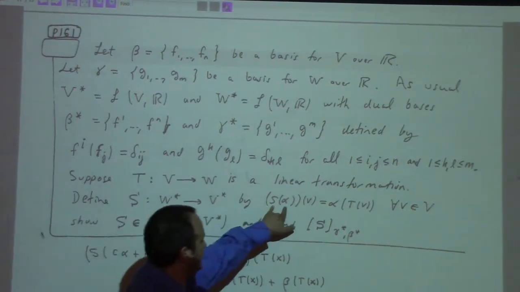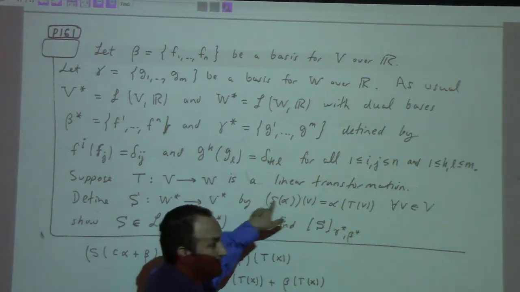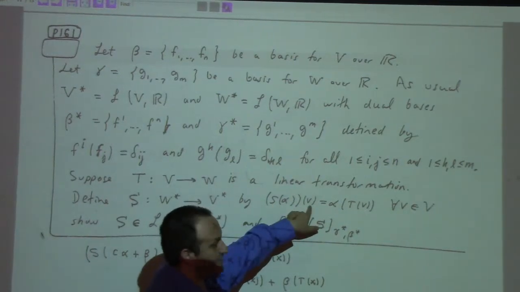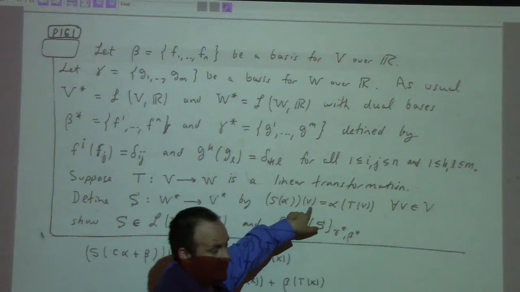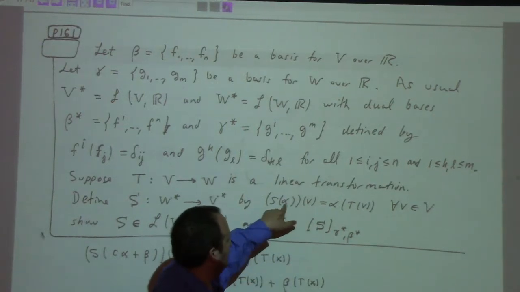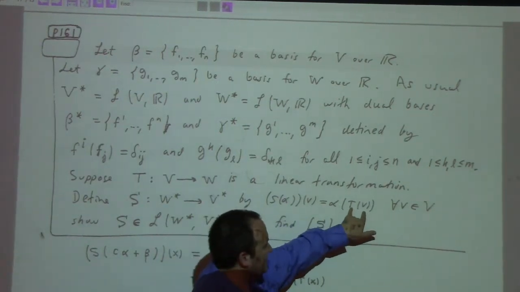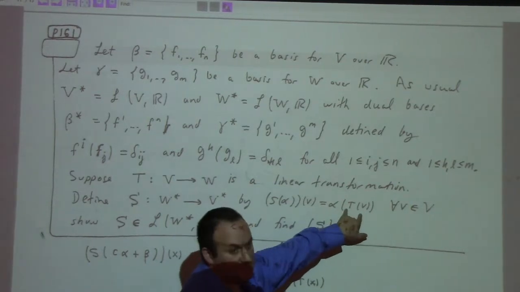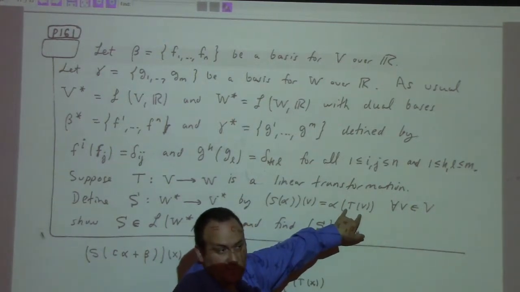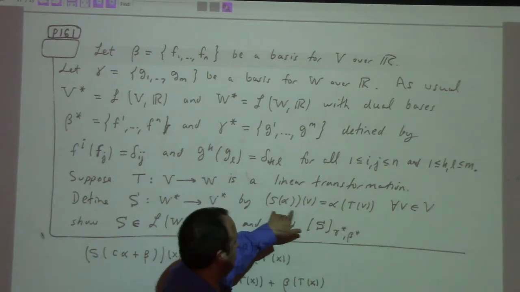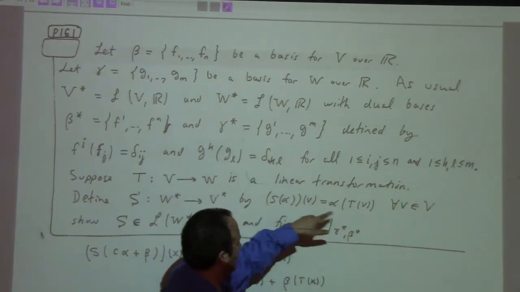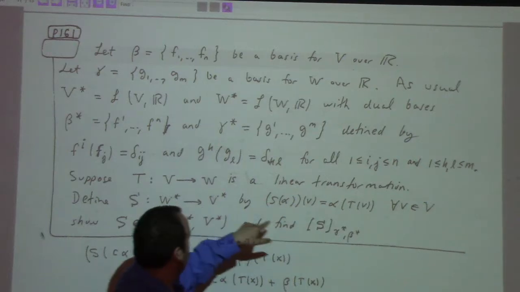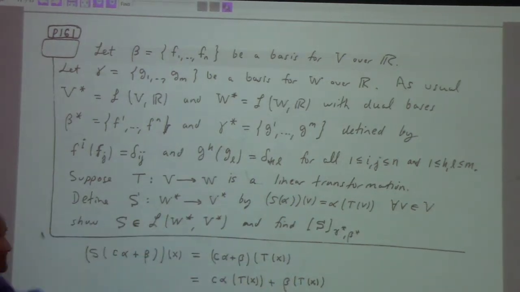So to define S of alpha, which would be in V dual, I have to say what it does to a vector in V, all right? So I define that to be alpha of T of v. This makes sense because T of v is a W vector, and alpha takes W vectors and gives us back scalars from the field. So this, for all v in V, defines S of alpha as a V dual vector.